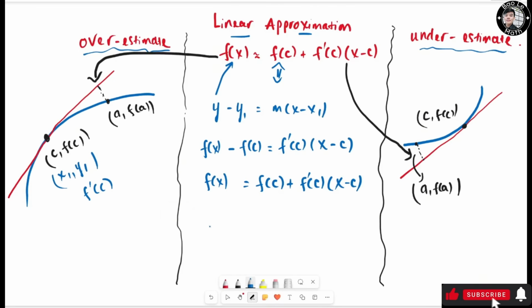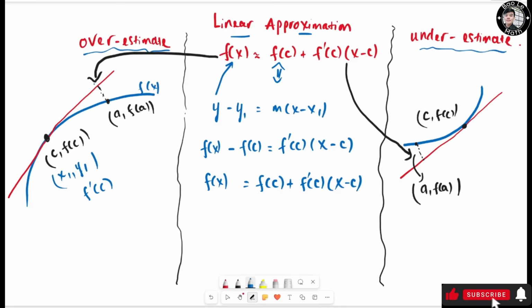Now it's important to know whether the linear approximation gives you an overestimate or underestimate. So we look at this one right here. The curve right here is the function f of s.